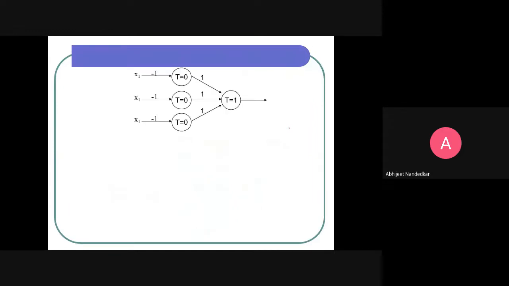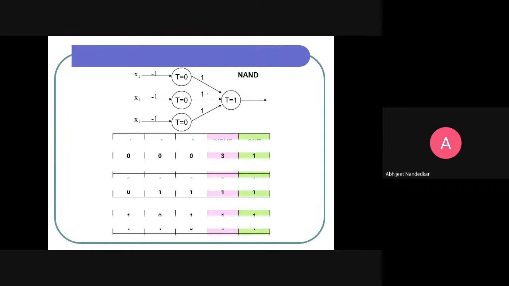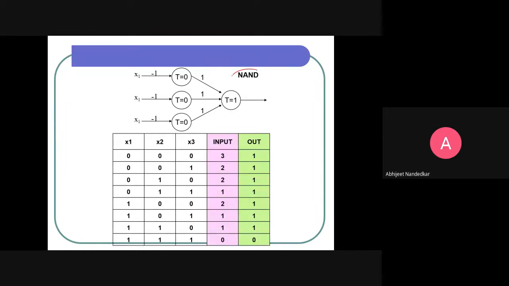Now similarly, if I take this circuit with 4 neurons, it can implement a NAND logic. So output is 0 whenever all inputs are 1. So this is giving you a NAND logic. So you can implement NOR, you can implement NAND, that means you can implement any Boolean logic.